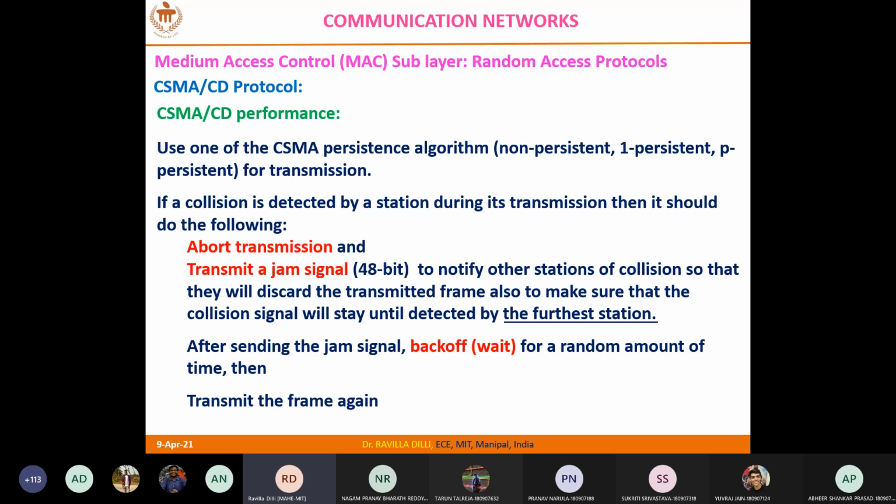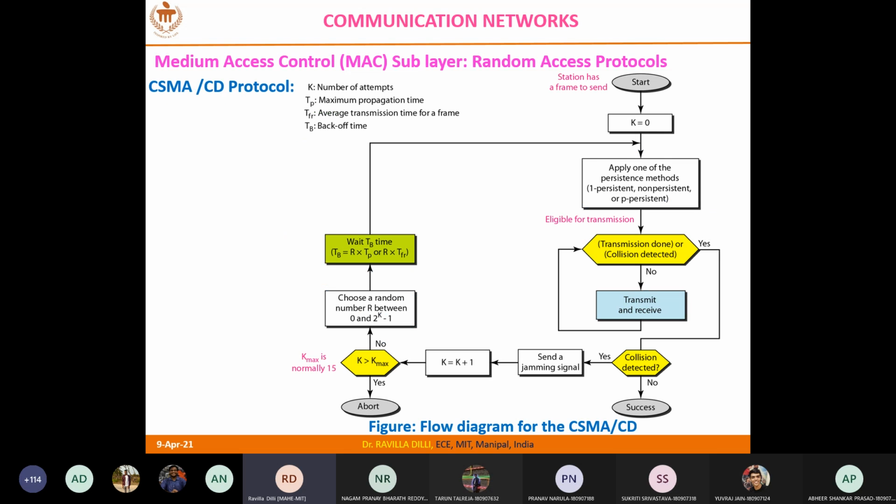When other nodes observe this special 48-bit jamming signal, they understand that a collision exists, so they defer their frame transmissions. That is how you can help other stations with the jamming signal.